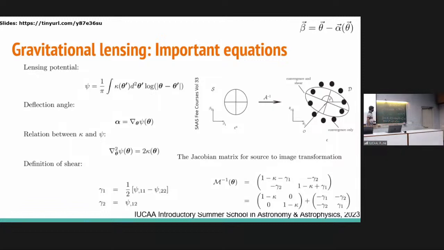And now this you can solve, because remember if I define my shear to be gamma 1 plus i gamma 2, gamma 1 squared plus gamma 2 squared becomes the modulus of gamma squared. And so this thing, I can just write down as mod gamma.